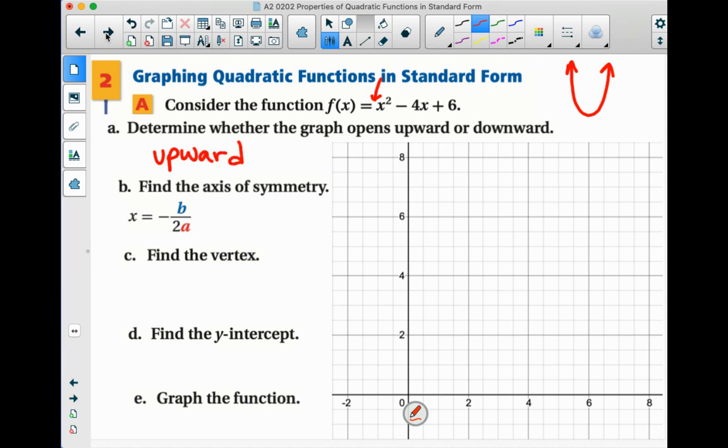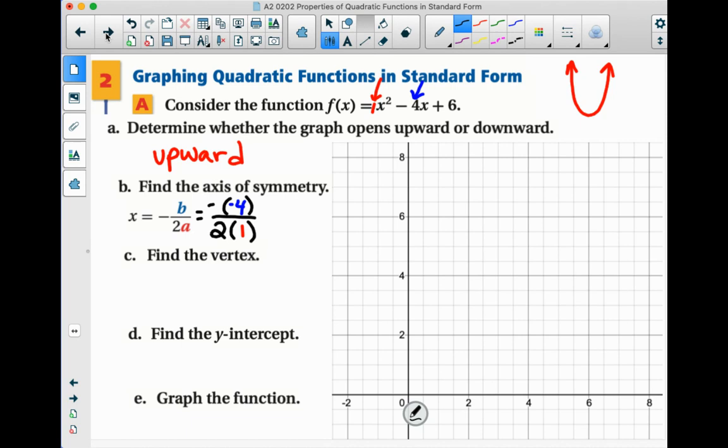Find the axis of symmetry, negative b over 2a. So we're just filling in some blanks here. So b is negative 4, and a is positive 1.